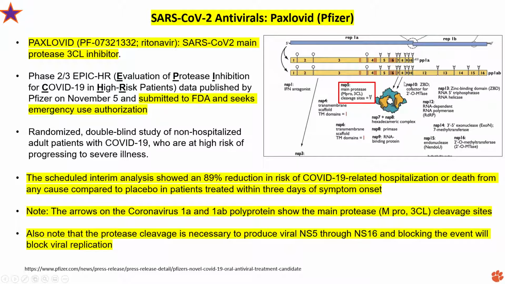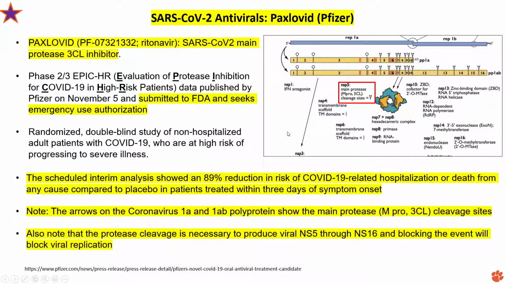Right here, 7, 8, 9, 10, these are the methyltransferases and RNA-dependent RNA polymerase. These all make up the holoenzyme of the RNA-dependent RNA polymerase, and if they are not cleaved and assembled together, there is no replication.